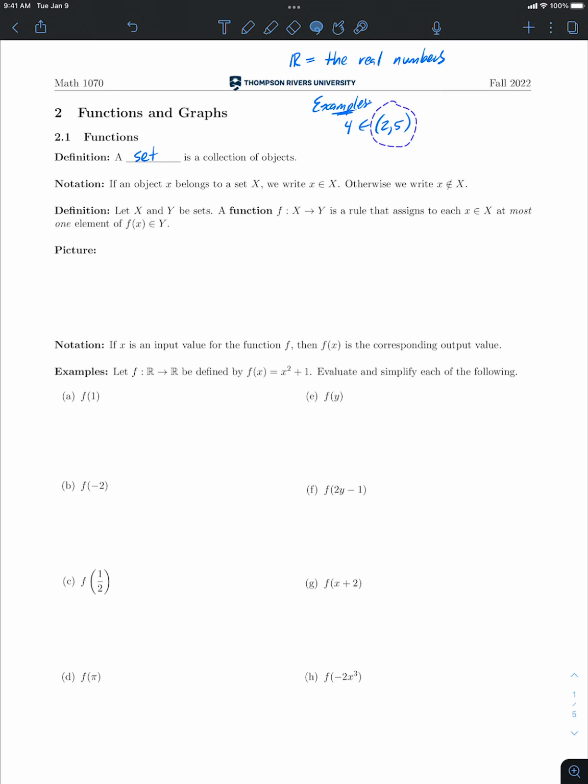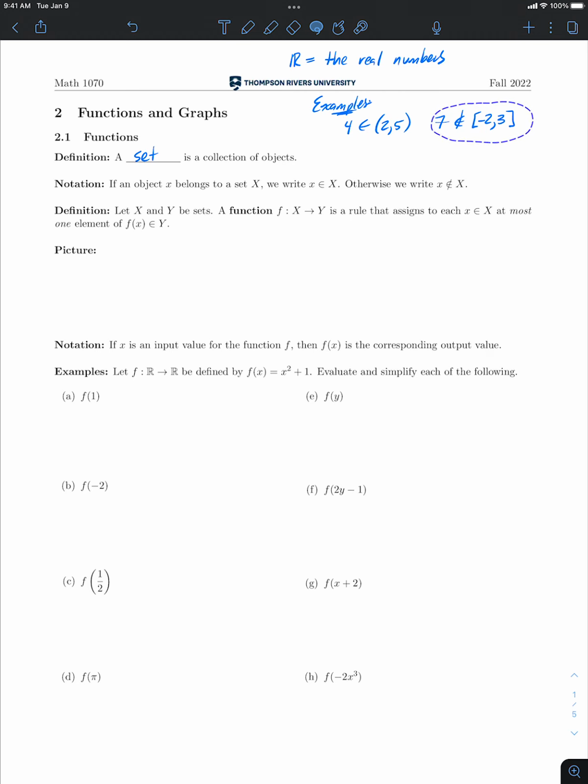So 4 happens to be one of those numbers, so we can say that it belongs to that interval. On the other hand, if I were to write the number 7, that does not belong to the closed interval -2 to 3. So that's one example of each. This is an example of saying that an element belongs to a set, and here's an example of saying that an element does not belong to a set.